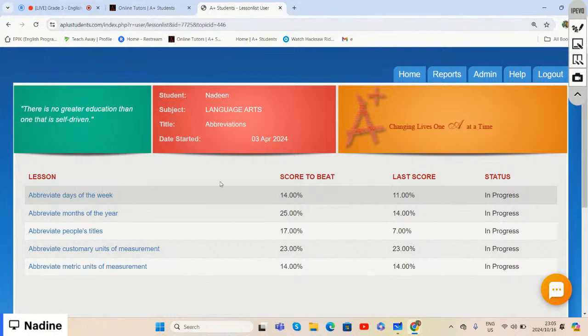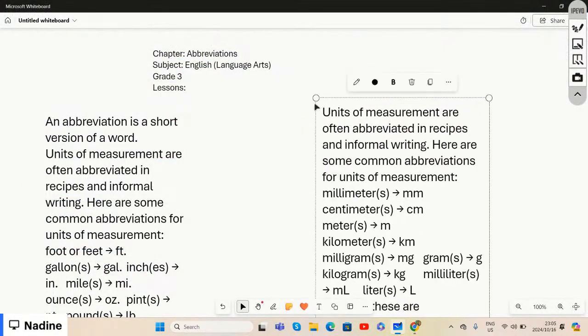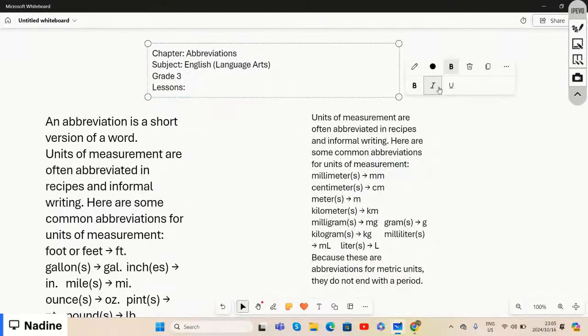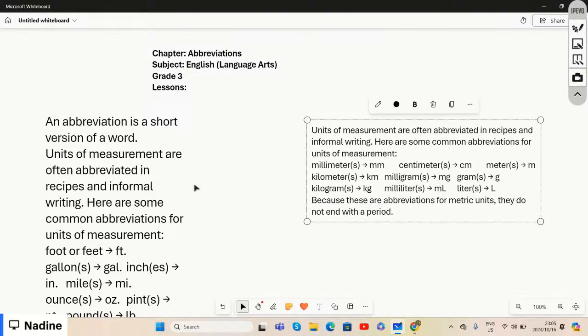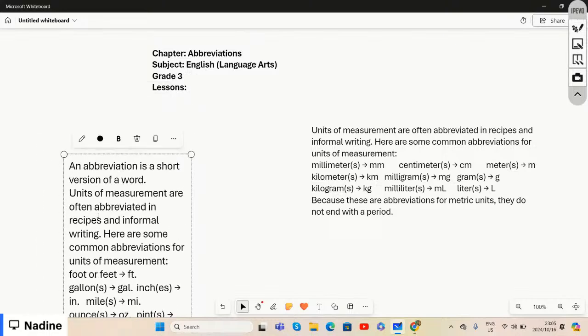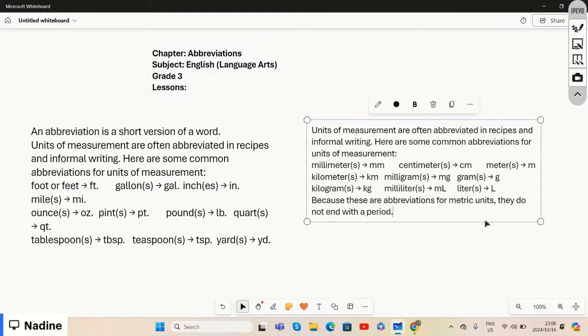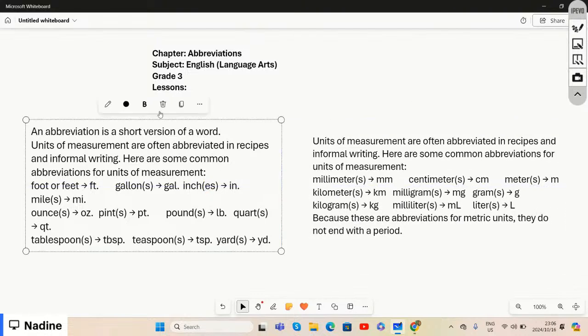All right. So we're doing our chapter of abbreviations, in the subject of English Language Arts, grade 3.